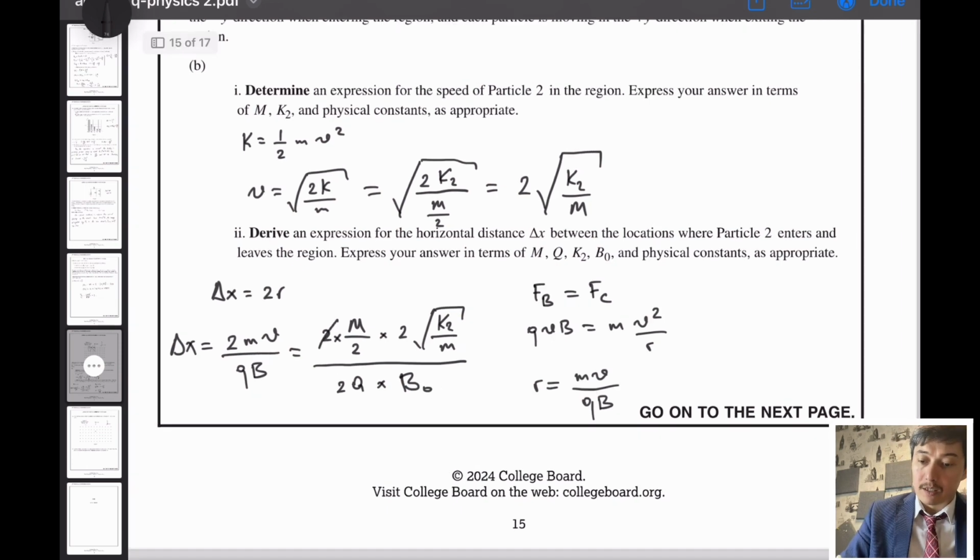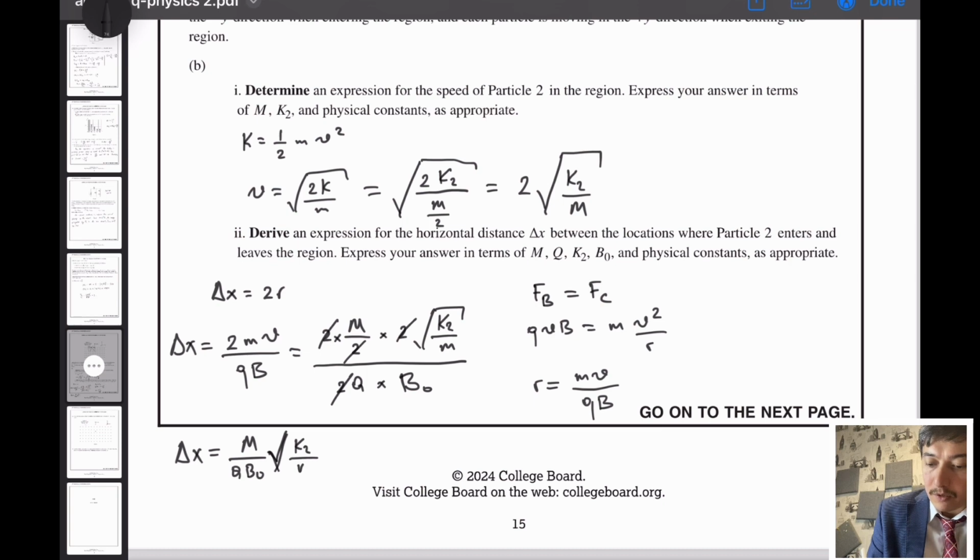So here we can see all 2's are gone. As a result, let me write it here. Delta x is going to be equal to mass over Q B0 times the square root of K2 over m. So this is our answer.